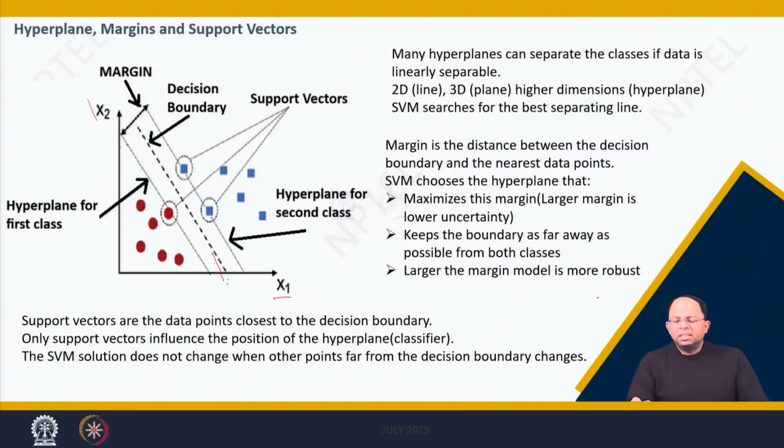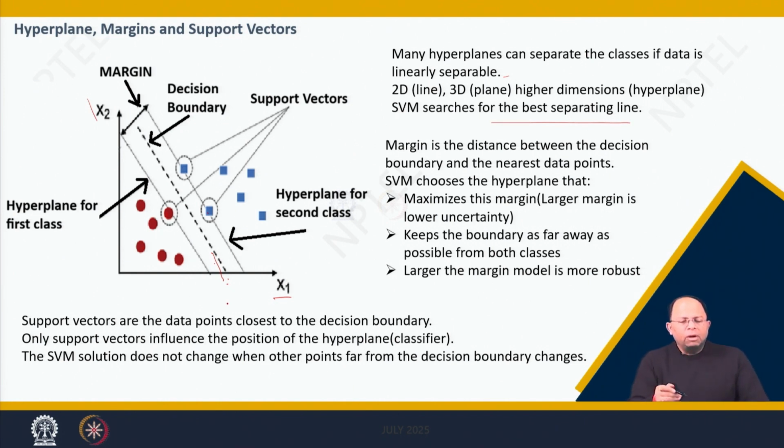With a larger margin, the model is more robust and can generalize more. Many hyperplanes can separate the classes if the data is linearly separable: a line in 2D, a plane in 3D, a hyperplane in higher dimensions. SVM will search for the best separating line in this situation.